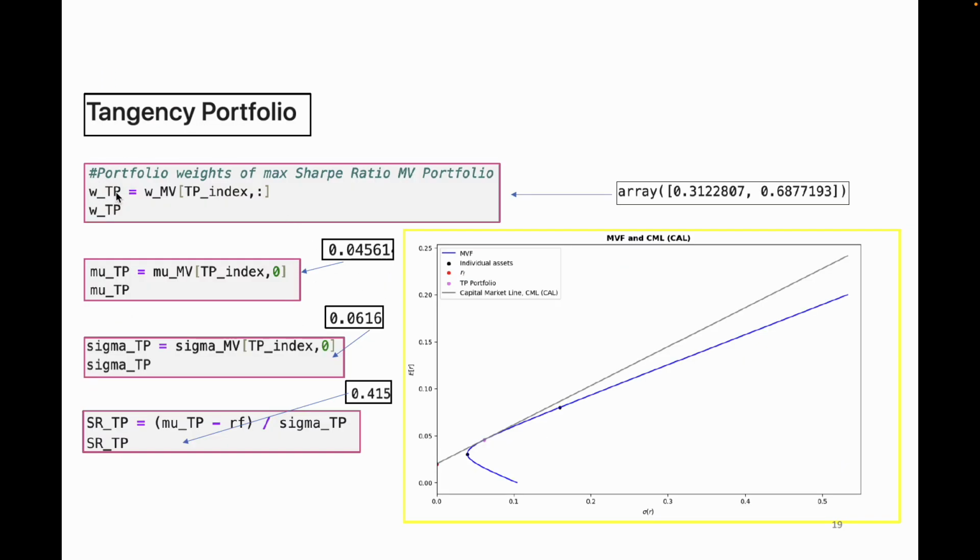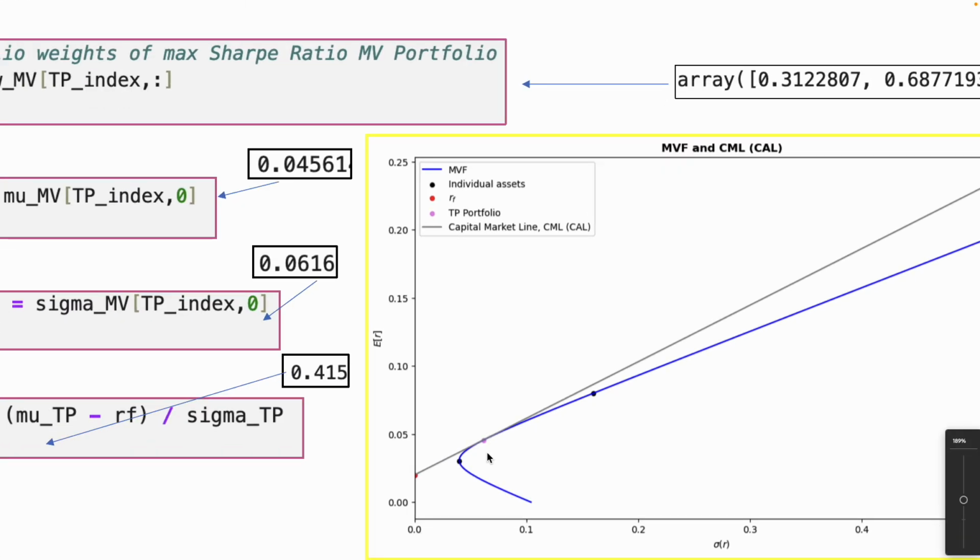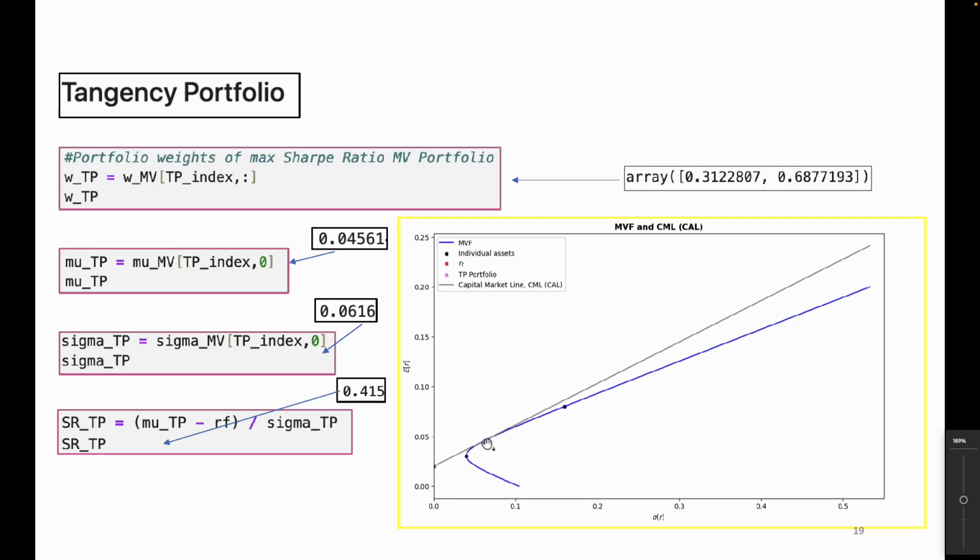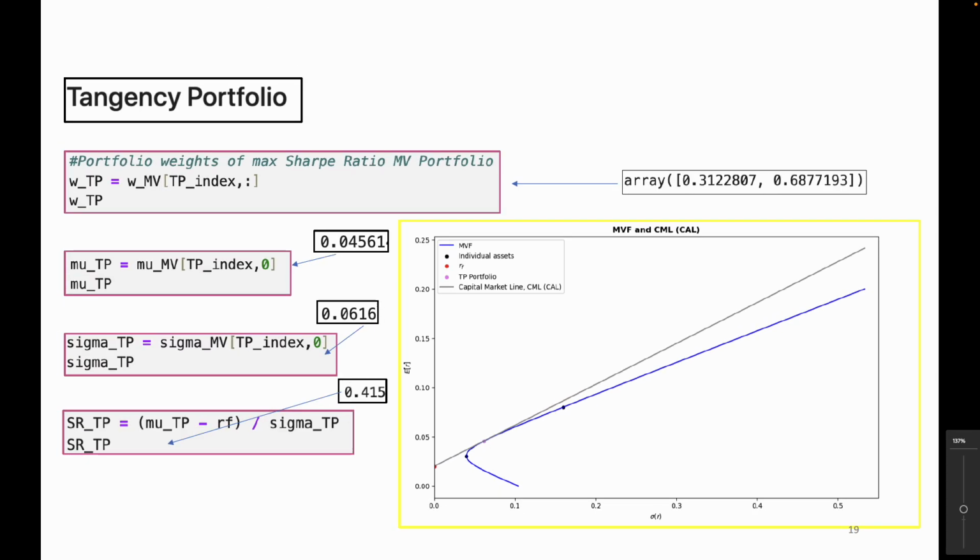First I need to find the portfolio holdings of TP, because as of now I only found the index, so I know what is the target expected return that corresponds to this purple line, but I don't yet know the portfolio weights. Therefore I go into my portfolio weight matrix, WMV, and I'm evaluating that at row TP underscore index, so at position 91.